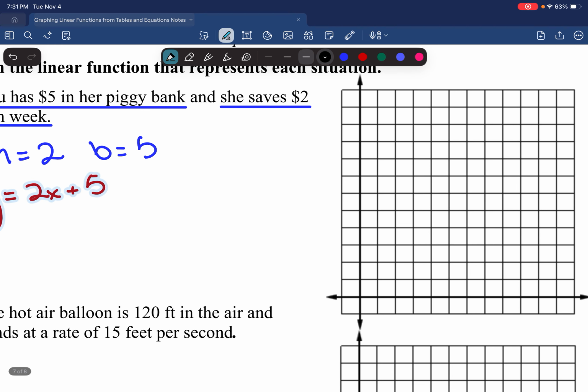Also, I think it might help if I make a table too. So let's do x, y.